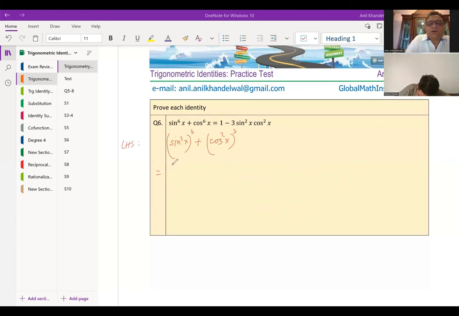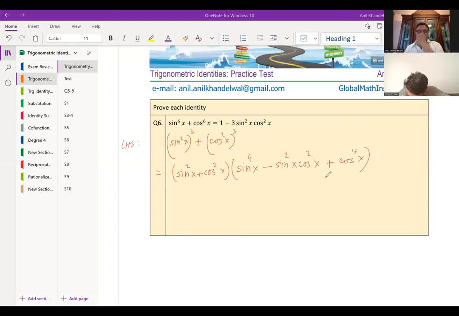Using the formula, I could write this as a plus b, where a is sine square x and b is cos square x. So sine square x plus cos square x times a square, which is sine to the power of 4x, minus a times b, which is sine square x cos square x, plus b square, which is cos to the power of 4x. Is that clear to you?